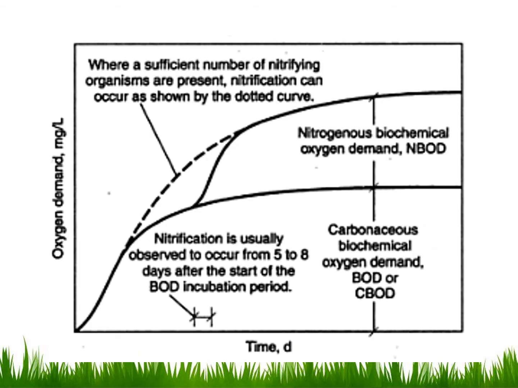This is a typical expression. If you see the curve of the BOD test, we will have this kind of behavior. This is oxygen consumption, and after 5 days we will have an ascent because of the nitrogenous biochemical oxygen demand.